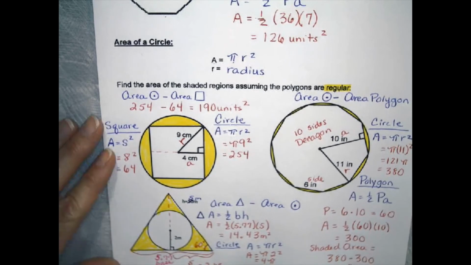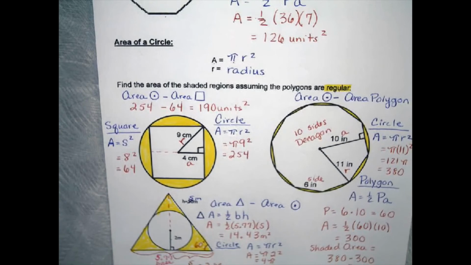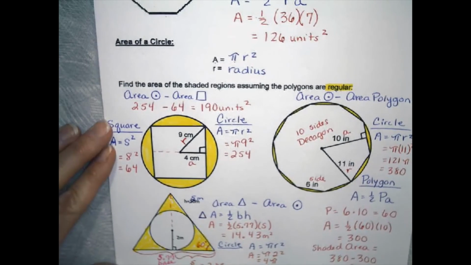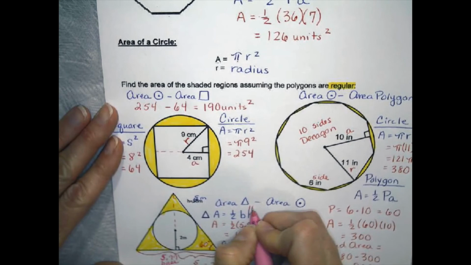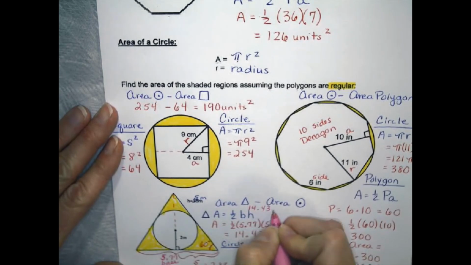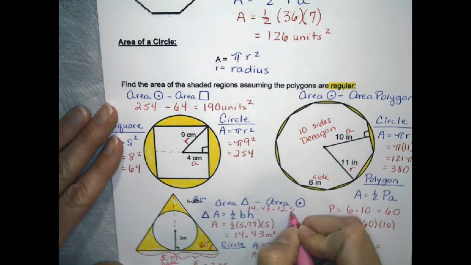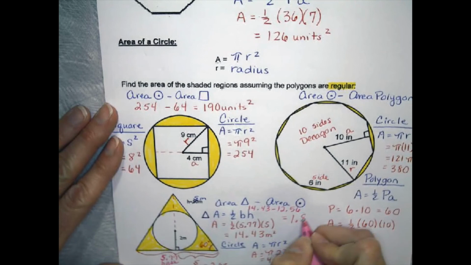So this is the area of the triangle. This is the area of the circle. So in order to find the difference, I'm going to do area of the triangle, which is 14.43, subtract the area of the circle, which is 12.56, and get a total area of 1.87, and that would be meters squared.